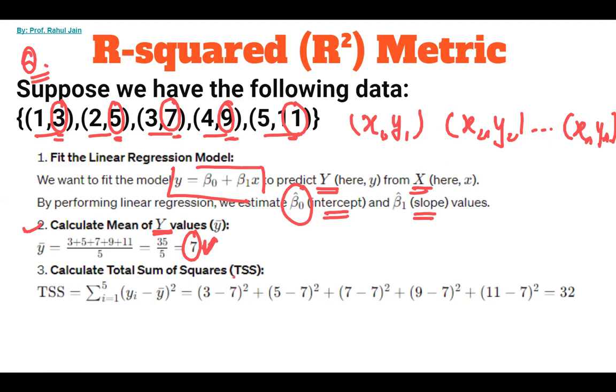Now, we need to calculate the total sum of squares, that is, the observed value minus the mean value.